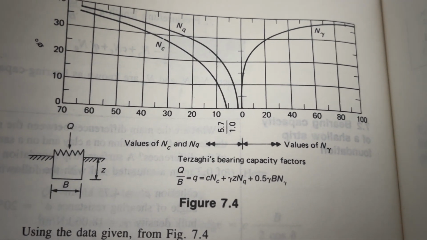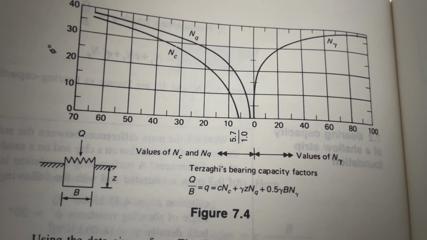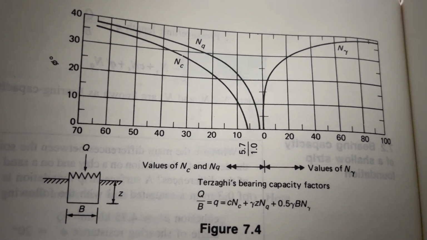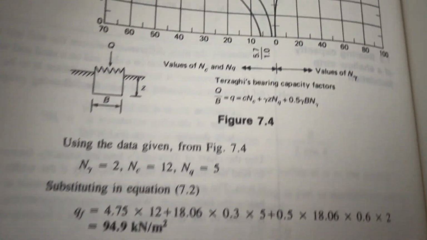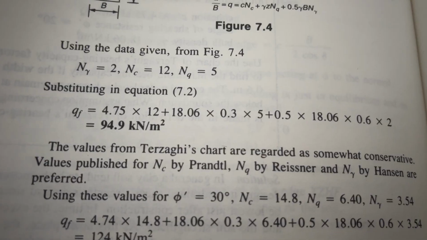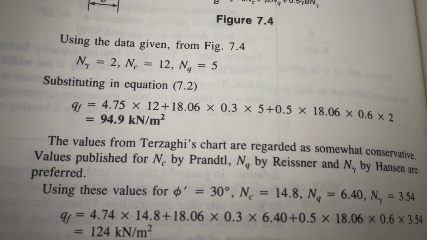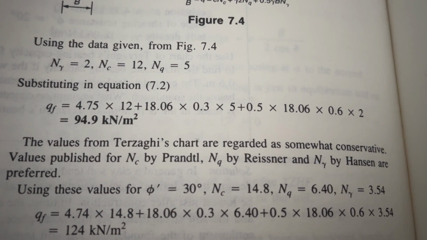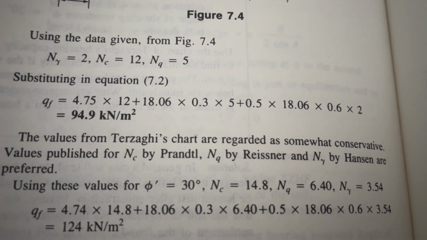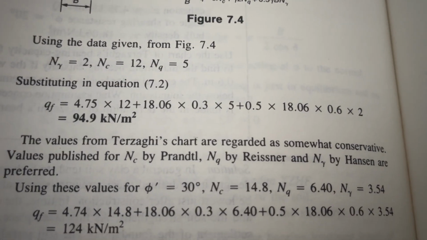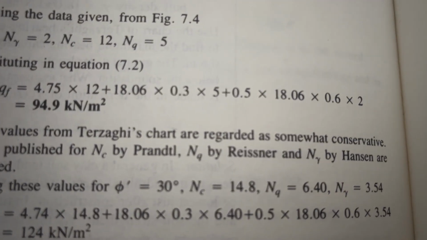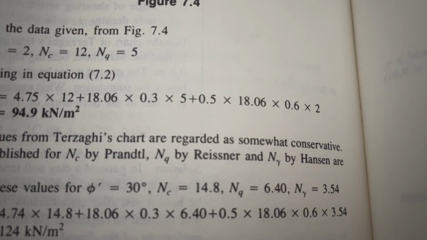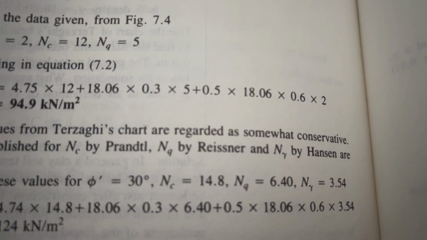Substituting in equation 7.2, q_f equals 4.75 times 12 plus 18.06 times 0.3 times 5 plus 0.5 times 18.06 times 0.6 times 2. So 0.6 is the width of the footing.